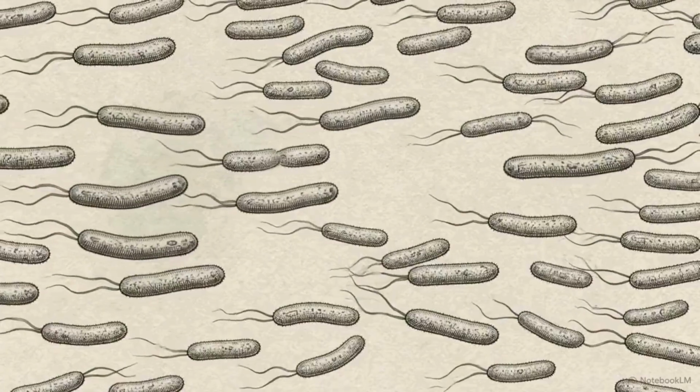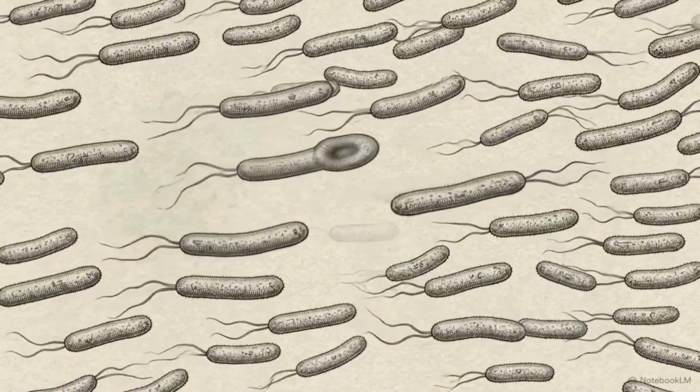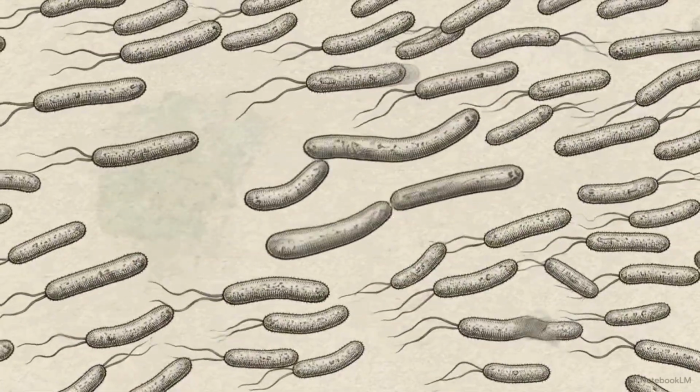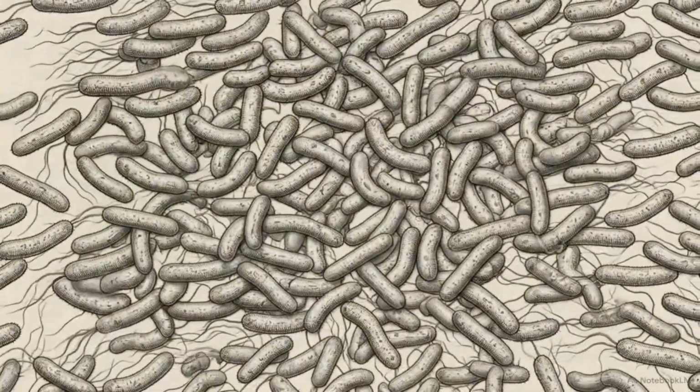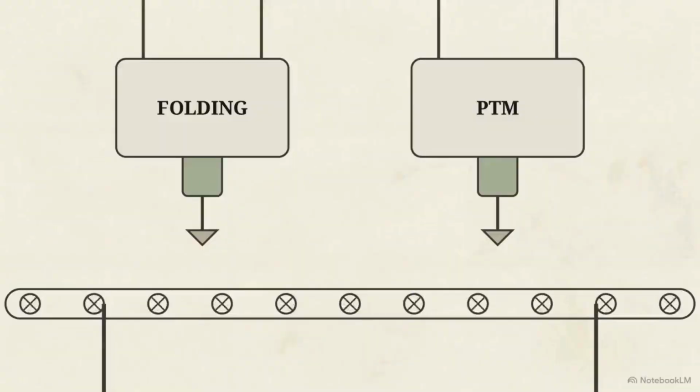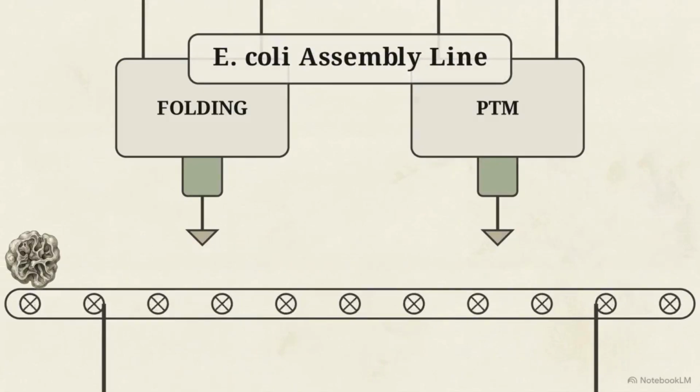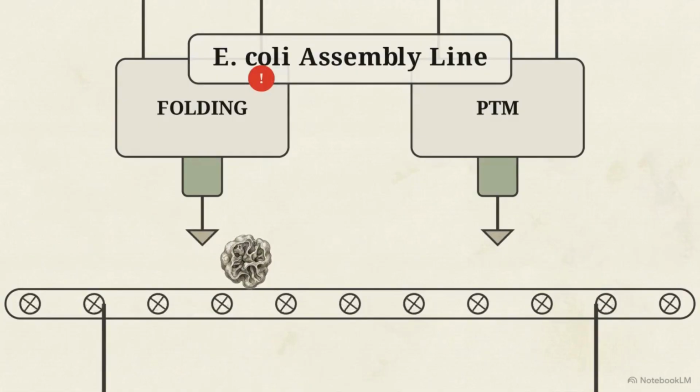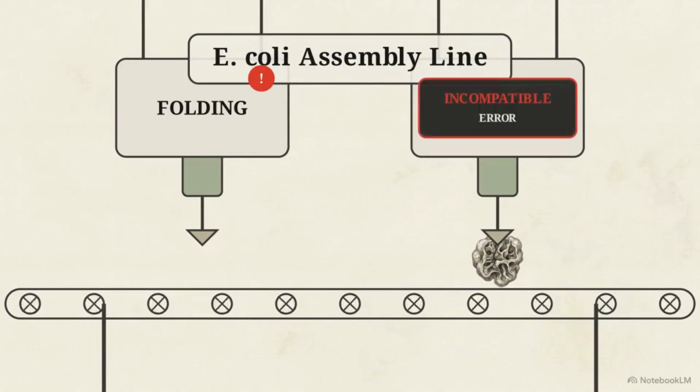The default hardware for this process is the bacteria E. coli. It is cheap, grows incredibly fast, and handles genetic manipulation well. But E. coli is simple. When you task a bacterial cell with building complex human proteins that require intricate folding or specific post-translational modifications, the assembly line breaks down.